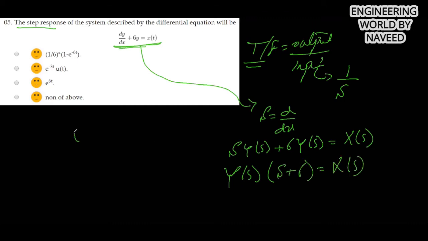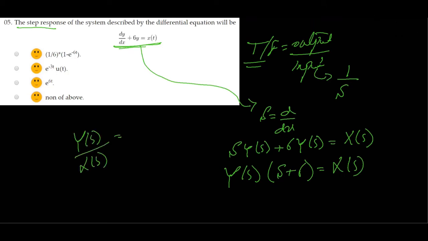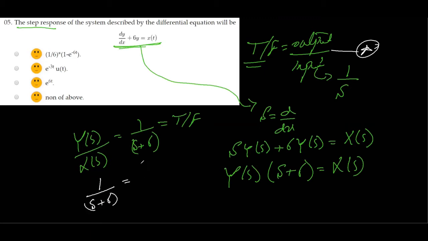So Y(S) divided by X(S) is equal to 1 divided by S plus 6. Output divided by input is the transfer function, so the transfer function is 1 divided by S plus 6. So put the transfer function in this star equation.